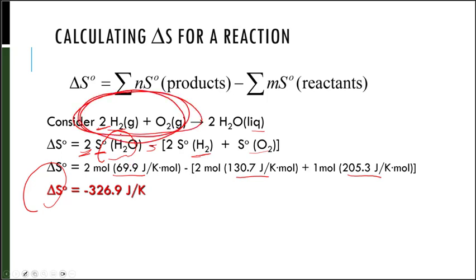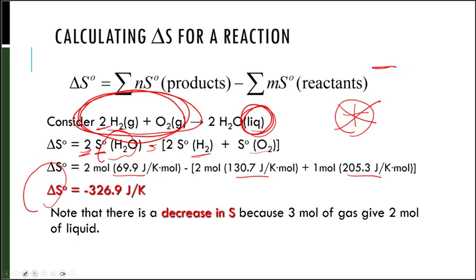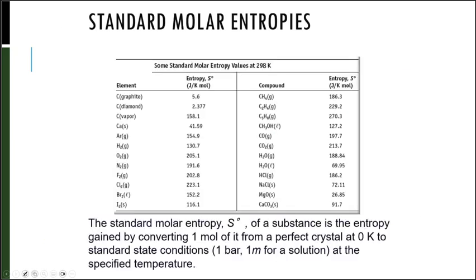And think about it. I went from having gas reactants to liquid products. Going from a gas to a liquid is a negative entropy value. If I went from a liquid to a gas, that's becoming more disordered. That would be a positive entropy value. But I went the opposite way. I also went from 3 moles of gas, 2 plus 1 is 3, so 3 moles of gas to 2 moles of liquid.